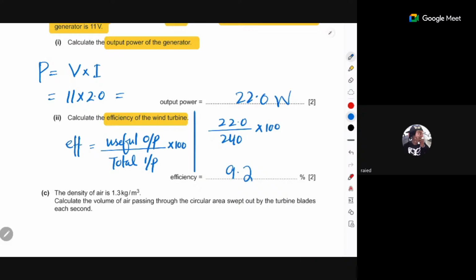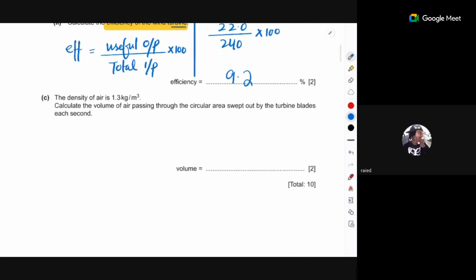Yes. Okay. Now, this is actually your previous knowledge which was asked to you. The density of the air is given to you. Calculate the volume of the air passing through the circular area struck by the blade in each second.